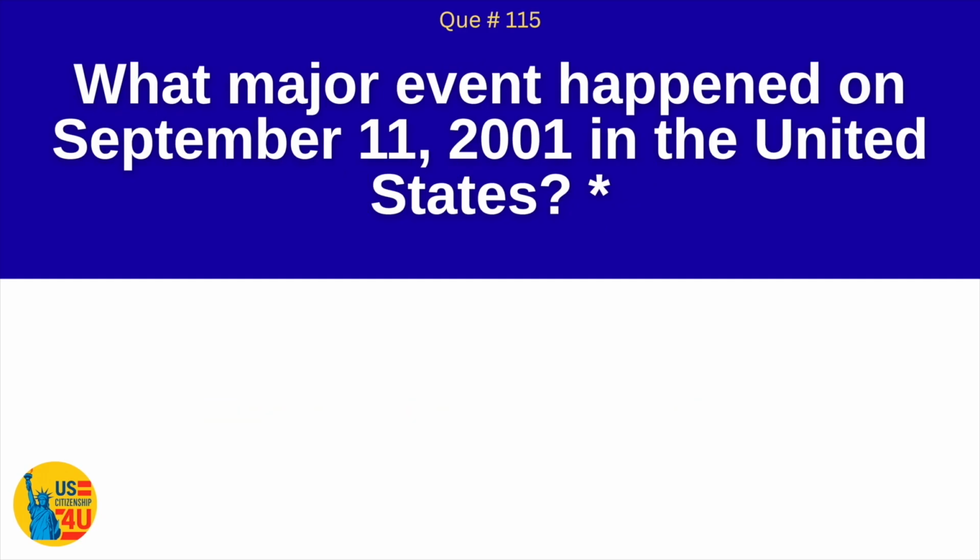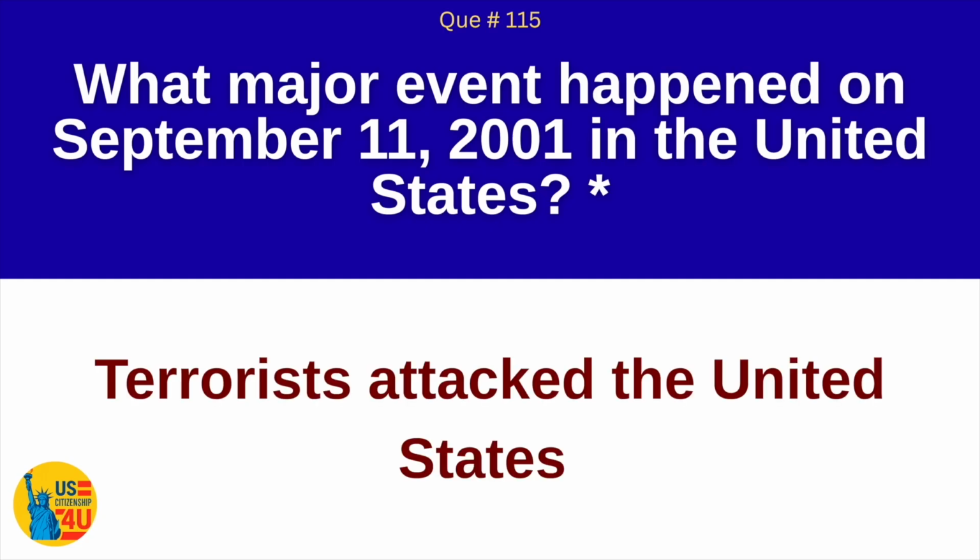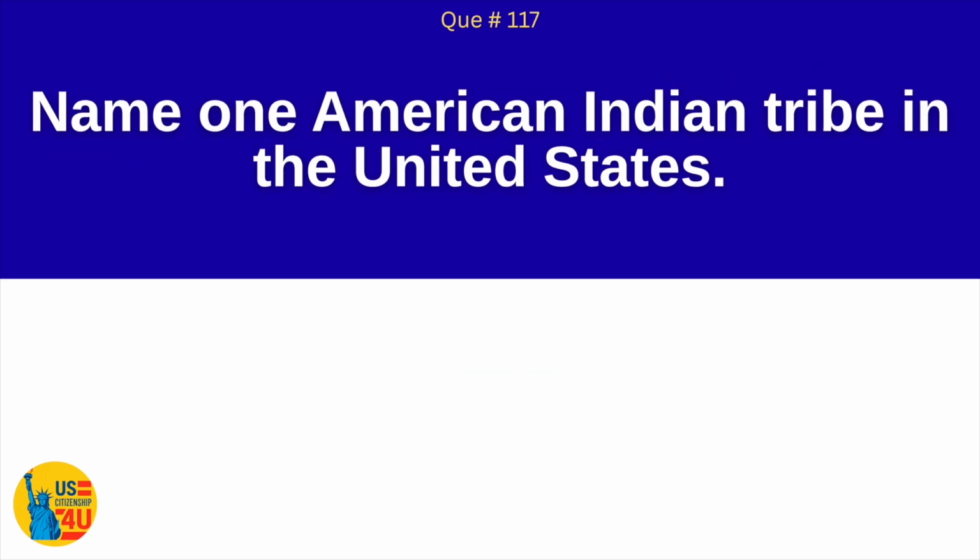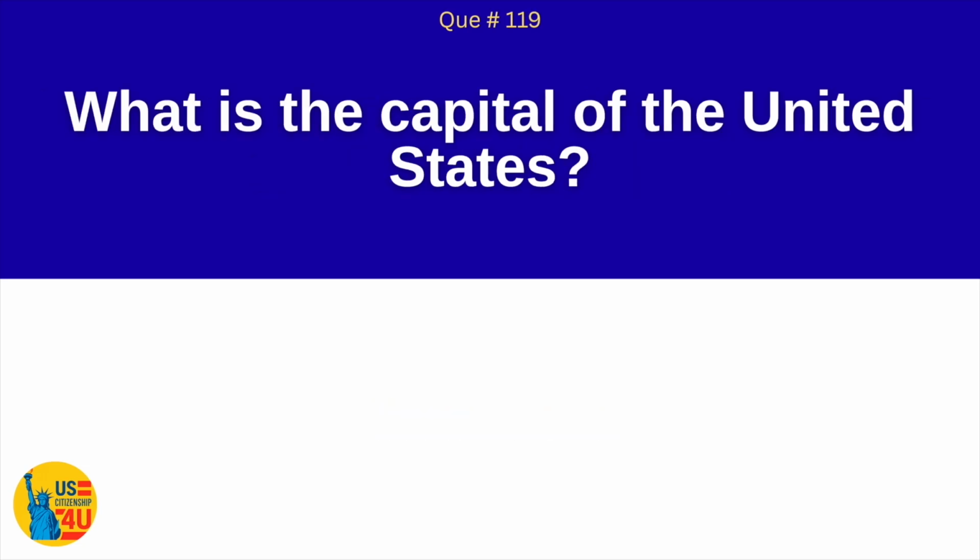What major event happened on September 11, 2001, in the United States? Terrorists attacked the United States. Name one American Indian tribe in the United States. Cherokee. What is the capital of the United States?